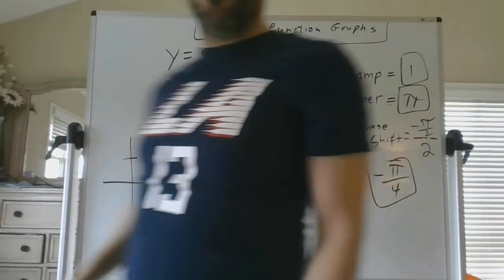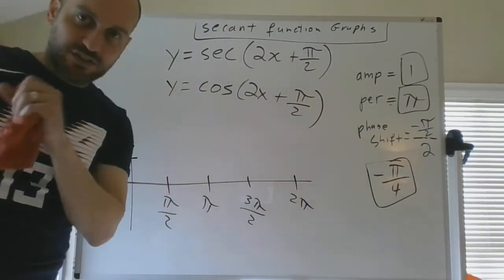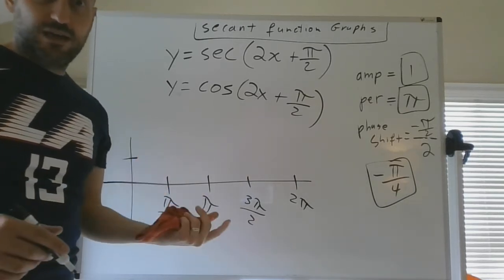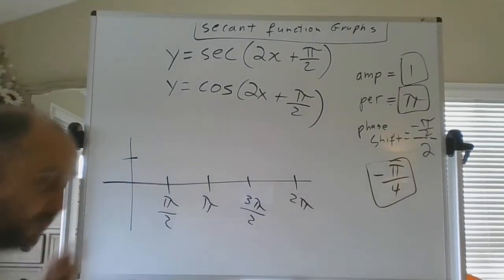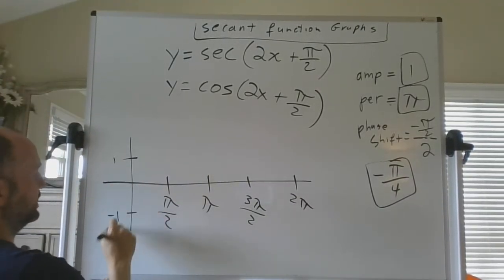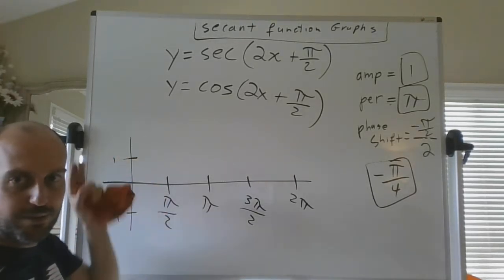So let's talk about this real quick. I'm going to first think about what a standard cosine function looks like. Let's think about the amplitude first. The amplitude is 1, so I'm only going to go up 1, down 1. I'm not going to go past that.